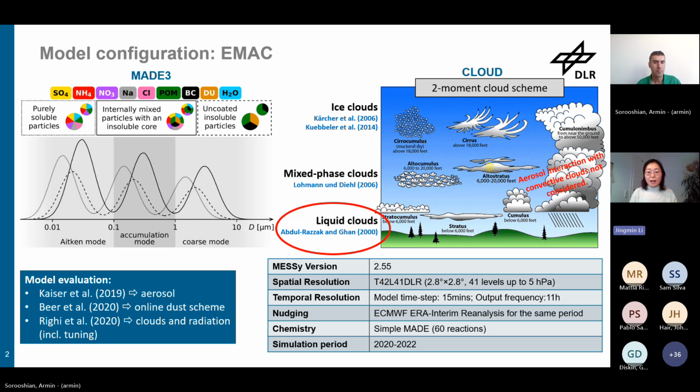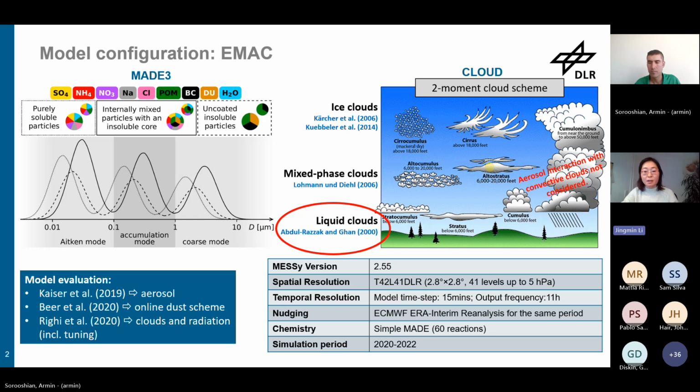Our clouds are simulated with a 2-moment cloud scheme, which is on the right plot. Different types of clouds are simulated using different cloud parameterizations. The bottom one, the Abdul-Razzak and Ghan cloud parameterization for liquid clouds, is the most important one for low marine clouds as observed by ACTIVATE.